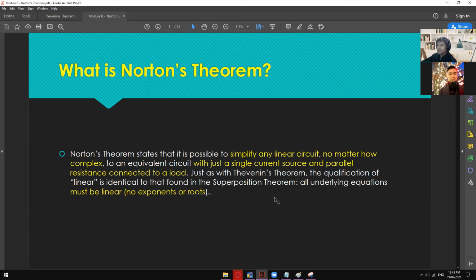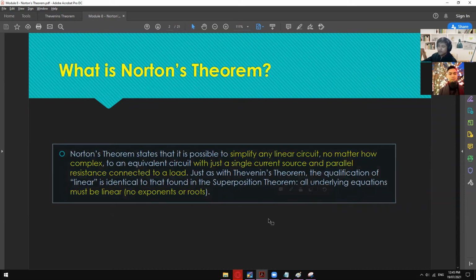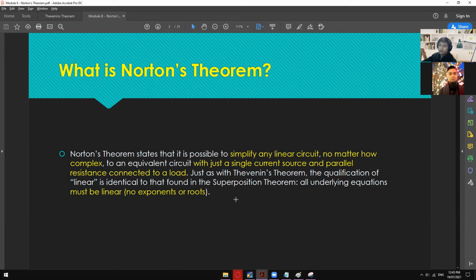To verify if it's a linear circuit, check if it only contains voltage sources, current sources, resistors, and capacitors. In some cases inductors are also linear, but there is some debate about inductors not being linear components.